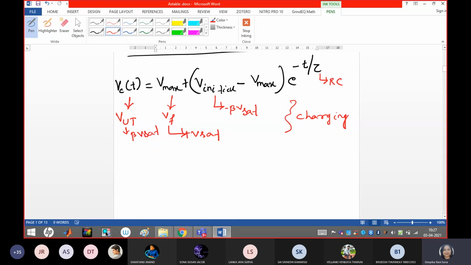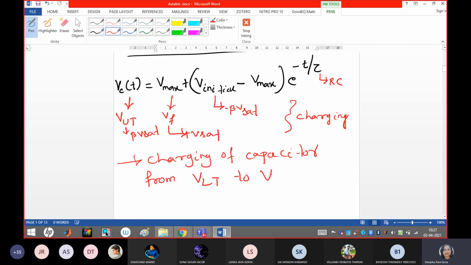That's why the maximum voltage is plus V sat. Let's charge up the capacitor, and we have considered the cycle. This derivation is regarding charging of capacitor from VLT to VUT. If you consider UT to LT direction, that will be different.